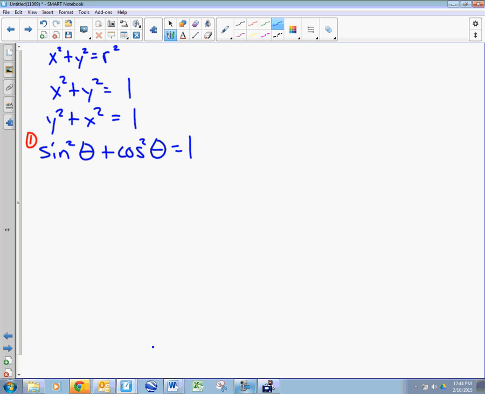Got something else for you. What's tangent equal to? Y over x. So tangent's also equal to, do what we just did, sine of theta over cosine of theta. Very good.